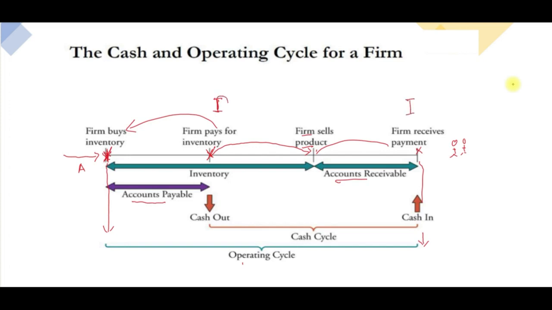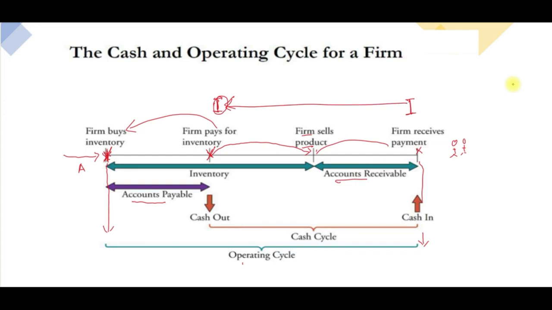This is an outflow, and this is an inflow. The difference between the outflow to the supplier and the time when the customers pay back the cash is called the cash conversion cycle.